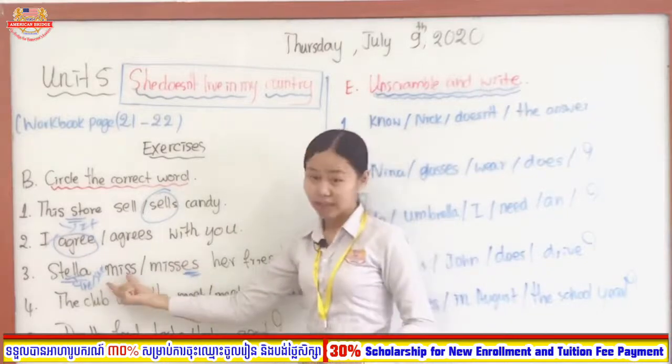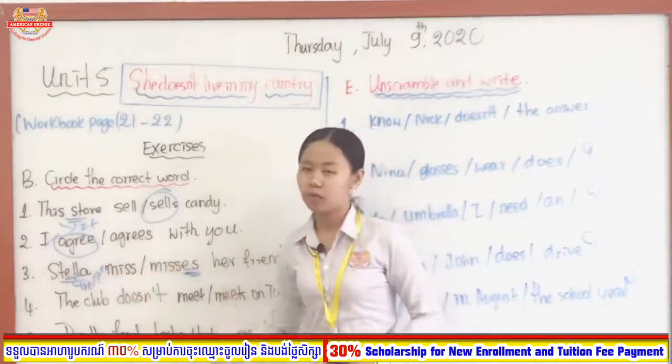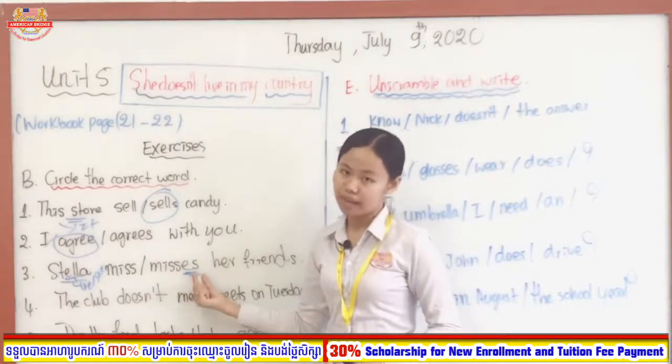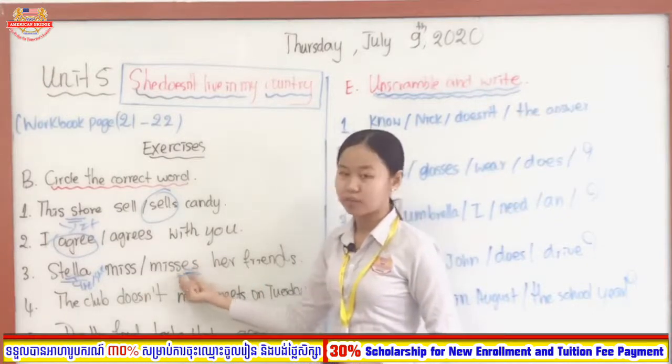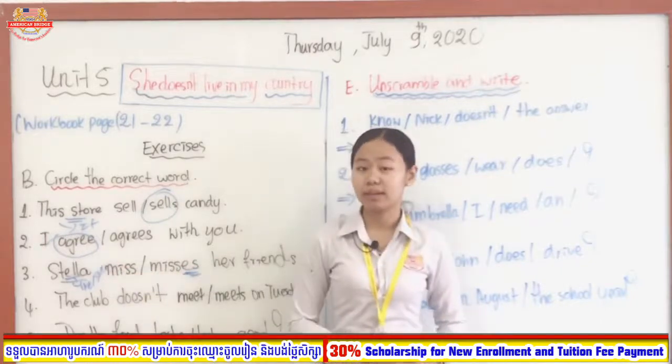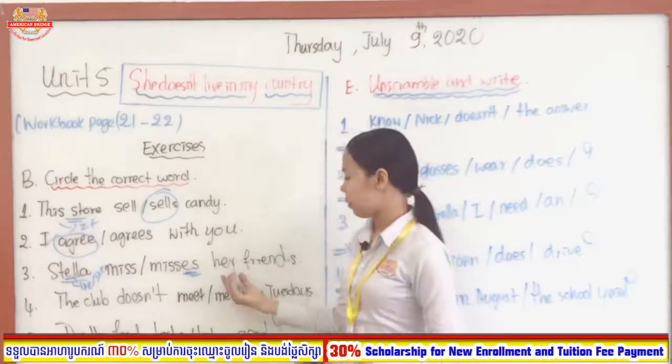But if they put only the name of 1 person, you can only choose this with es, because we add es to the verb when we use third person singular, right? In the present simple positive form.